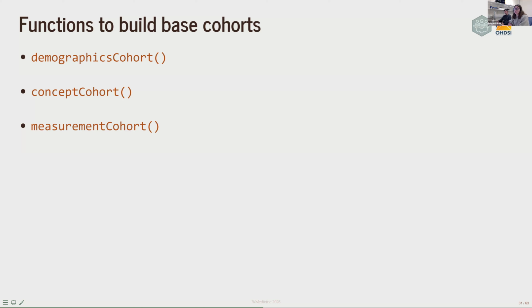While for the measurement cohort, you will have a code list of measurements, and you require a measurement result. For instance, you can create a cohort of BMI measurements that have a value within a certain numerical range. And finally, in this category, we also have the death cohort, which creates a cohort based on all your deaths in the database.